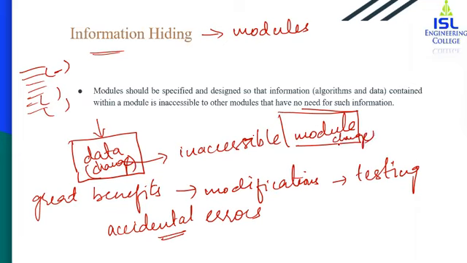So this is another error within the software. To avoid these accidental errors, you should have the concept of information hiding. If you have accidental errors, then within the testing phase also, this is going to create problems.